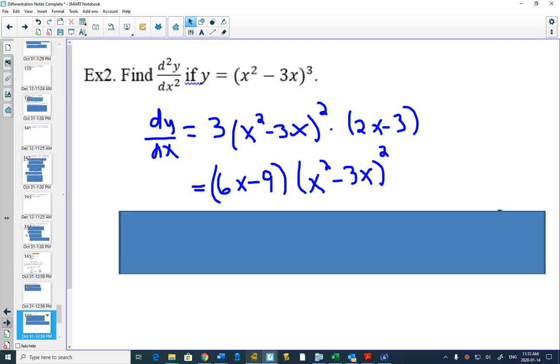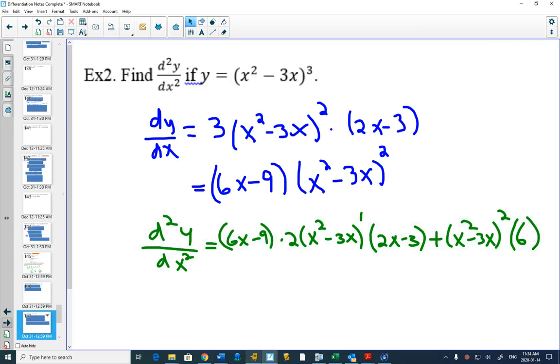Because there's our first derivative, simplified, 6x minus 9 times x squared minus 3x all squared. We're going to need product rule and the chain rule again. There we go. Product rule. Keep the first one the same. Derivative of the second one, which when you do the derivative of the second one, it has a chain rule.